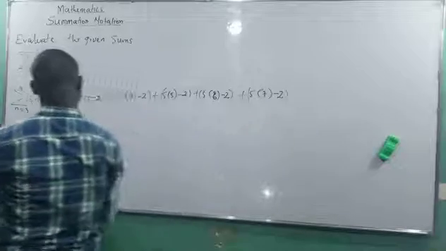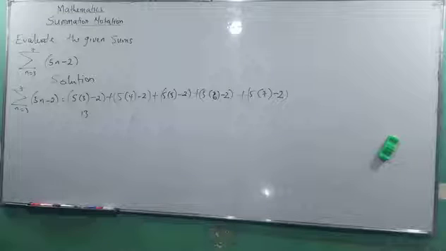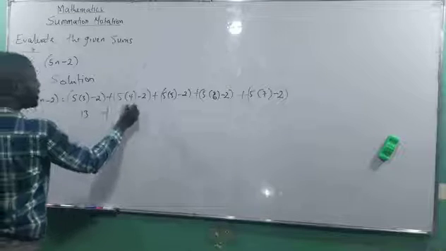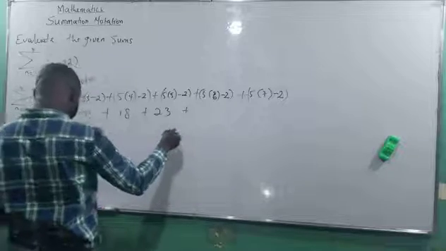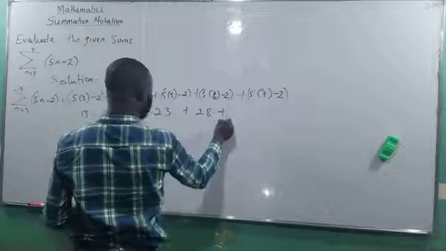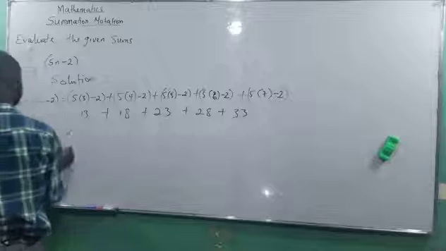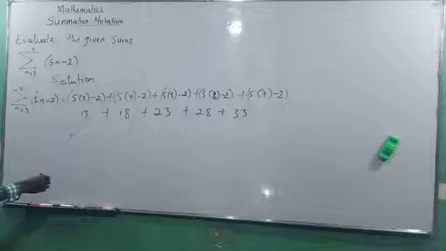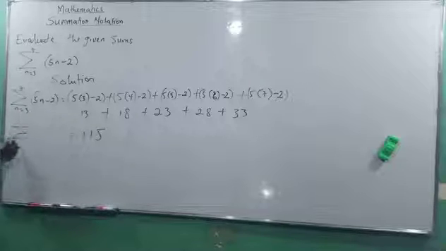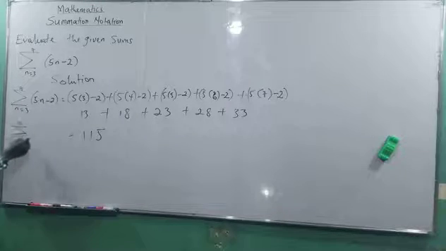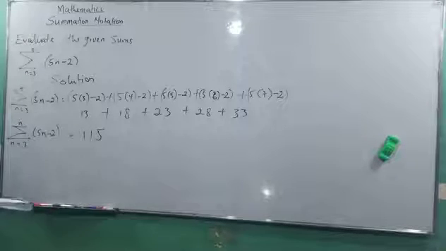This one will be 13, plus 18, plus 23, plus 28, plus 33. When you add this up, it will give 115. It means the summa of n from 3 to 7 of 5n minus 2 gives 115. That is the answer.